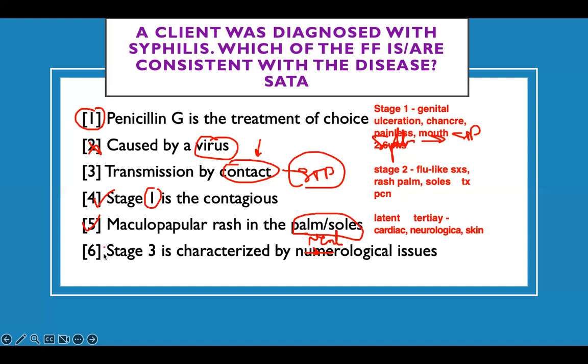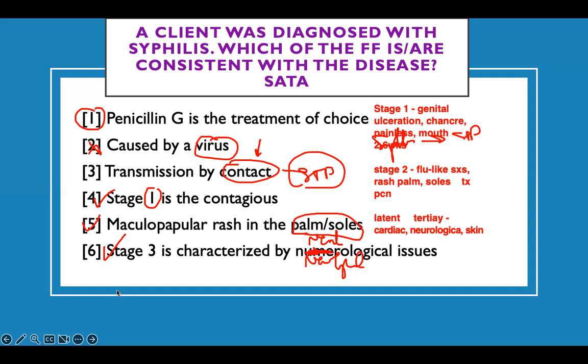So this one is good. These are the 4 questions related to penicillin G that you should pay attention to. It's not a virus, it's transmitted by STD. Stage 1 is very contagious, stage 2 has mucopurulent rash in the palm and sole, and stage 3 has neurological and cardiac problems.